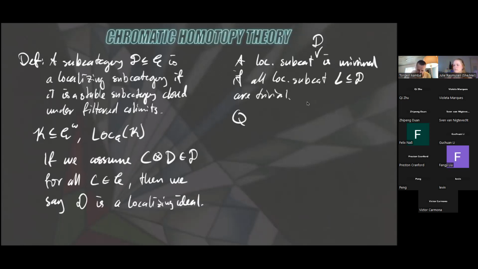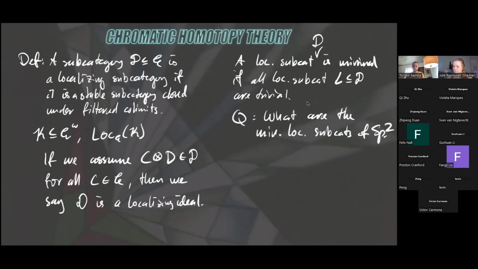Okay, so the question is, what are the minimal localizing subcategories of spectra? So this is a perfectly fine question you can ask. It does currently, as of today, not have an answer.